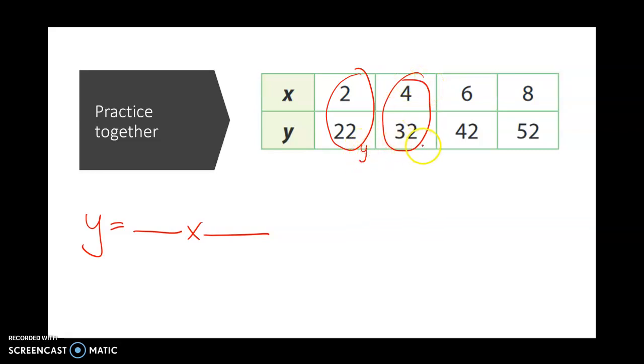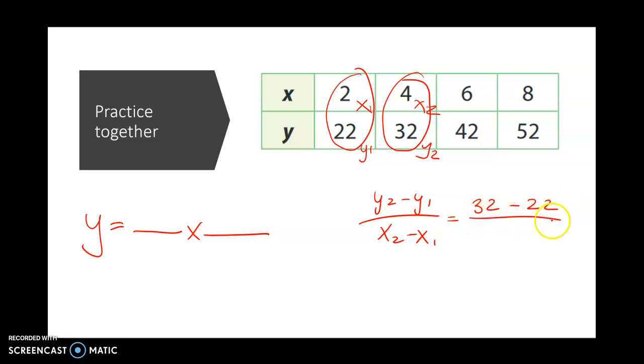So y, x, these come first, these come second. So y2 minus y1 over x2 minus x1. y2 is 32 minus y1 is 22 over x2 is 4 minus x1 is 2.